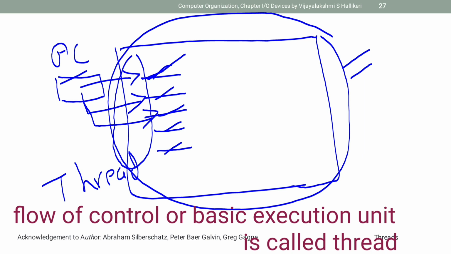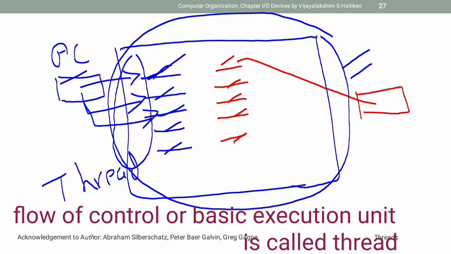Suppose another set of instructions is there, and they get executed one by one. One more PC will be there in the processor. It will keep track of these instructions. First, it will point at the first instruction of this code block. When it is being executed, it will point to the address of the second instruction.